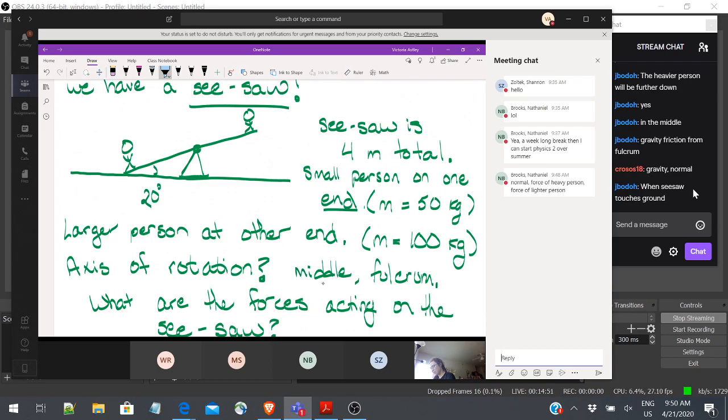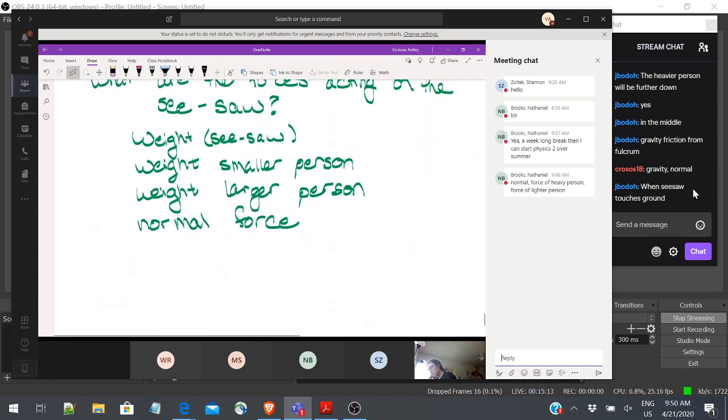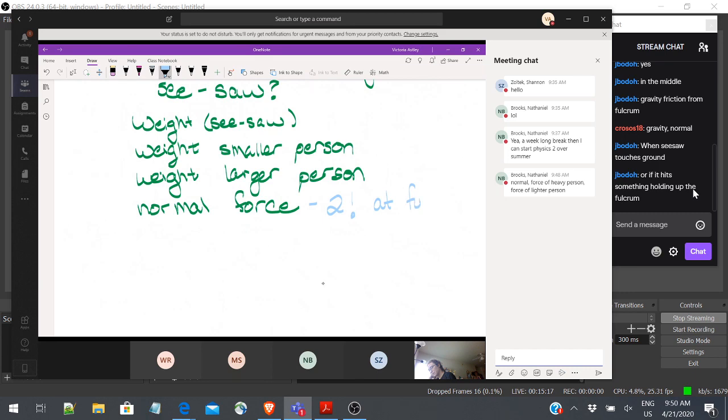So we have a normal force here and a normal force here. Right? If we were to remove the ground, this would keep rotating until it was completely vertical, right? So the ground must be holding up a little bit. Right. So we have two normal forces, one at the fulcrum.